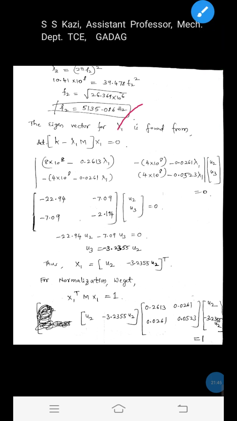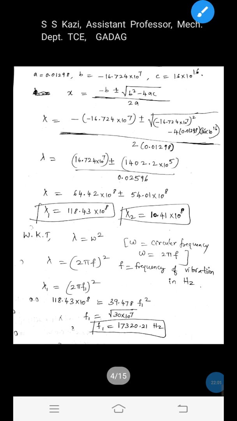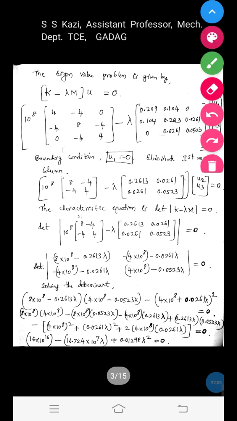Now, my dear students, for k minus lambda 1 m into x1, just write it in terms of lambda 1 here. Already we got this expression on the previous page, k minus lambda m into u.